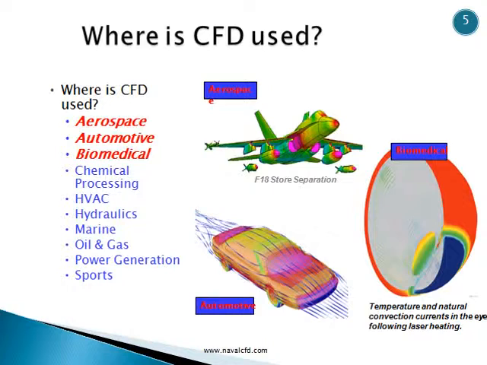And recently, in biomedical flows where the Reynolds number is less than 1, people are using CFD very effectively. In the biomedical area, even the eye and cornea are being optimized with these tools.